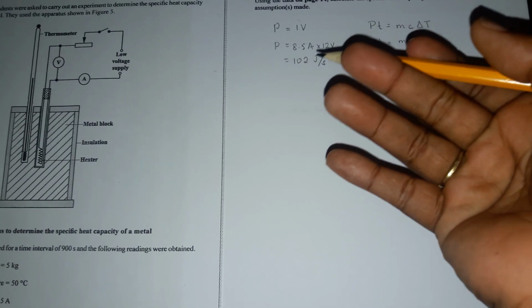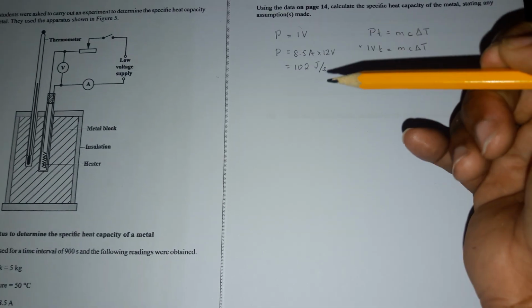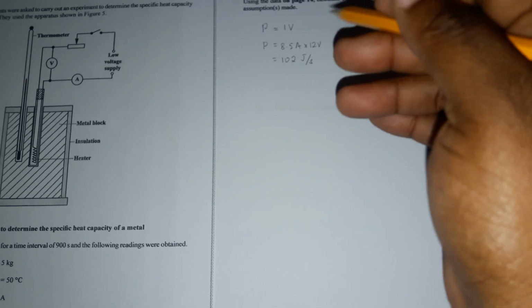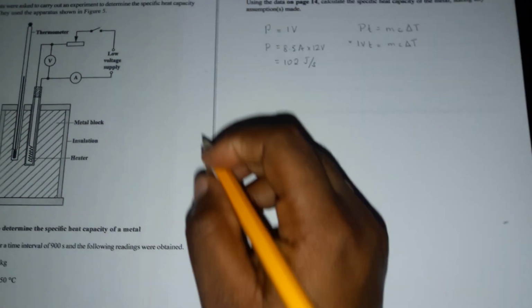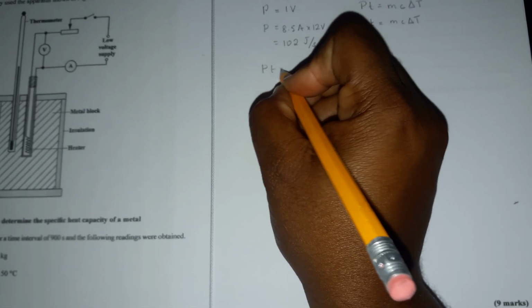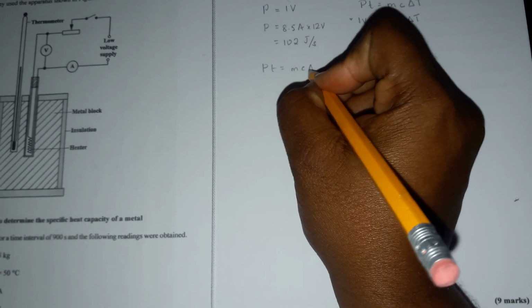It's actually watts, but watts is equivalent to joules per second. And since we're going to be needing these units to make our calculation clean and clear, I prefer these units, okay? And it's better that you use it. So now that you know what P is, and you know that PT is equal to MC delta T.